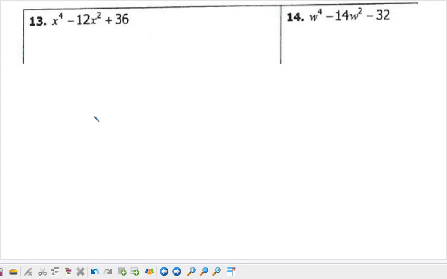Number 13 is that special case of quadratic. So it is a quadratic, it's set up like a quadratic, and we factor it similar to a quadratic, but it's a 4th degree polynomial. So we're going to do our 2 binomials. Just instead of x, we're going to have x squared. So we want to know the factors of 36 that add to be a negative 12, which we already did earlier, which was negative 6 and negative 6.